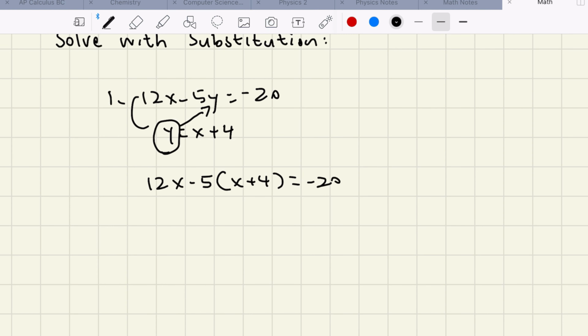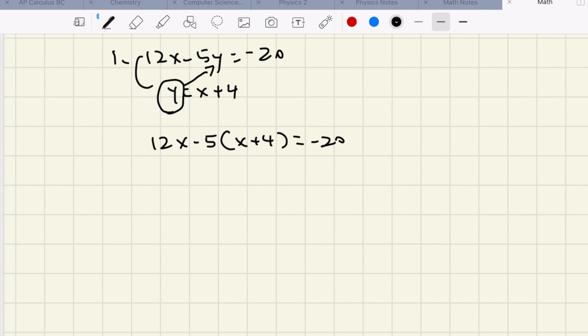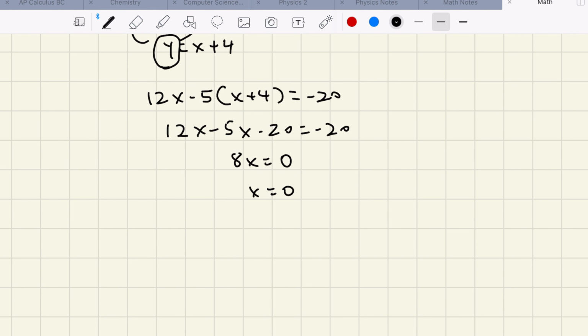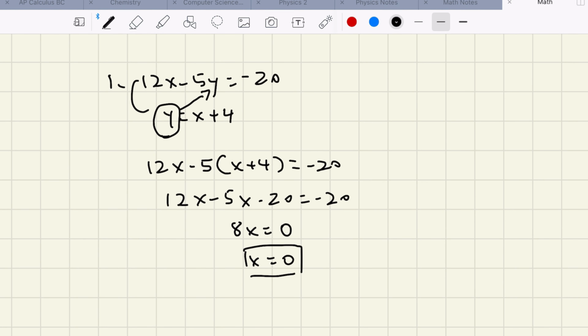Now we just solve it like we normally do. We do the distributive property, and we get 12x minus 5x minus 20 equals negative 20. You get 8x equals 0, and x equals 0. Now we know x is 0, so we can plug that into one of the equations.